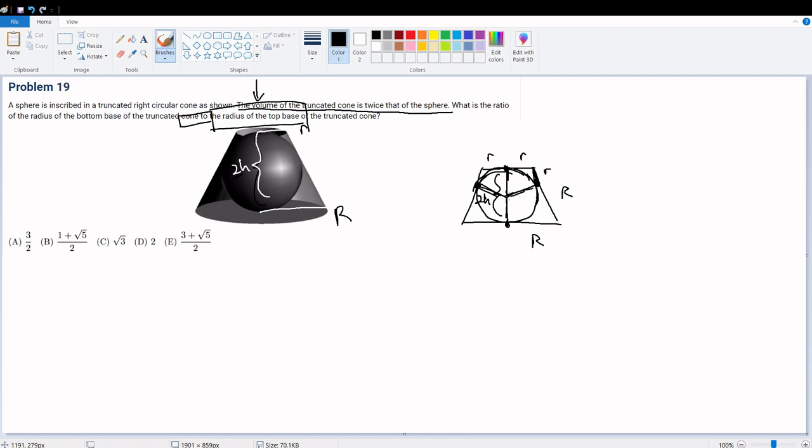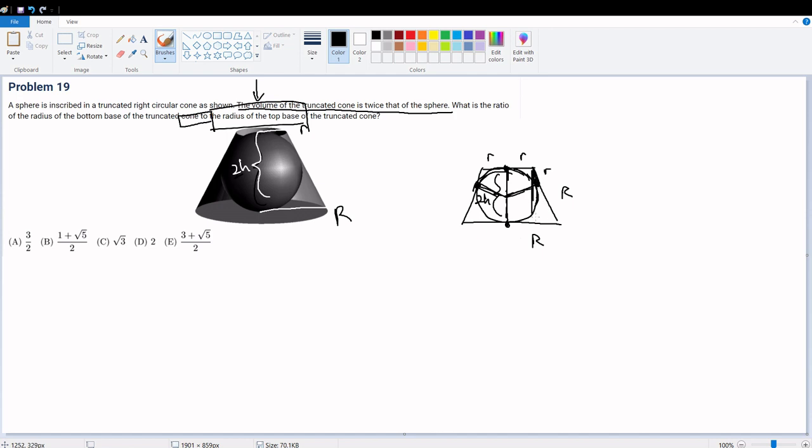And you can see the resemblance between the 2D figure that we came up with and the 3D figure that was given. So the next thing I want to do is find some sort of relationship between big R, little r, and h. So I think what we can do is just use some classic Pythagorean theorem.